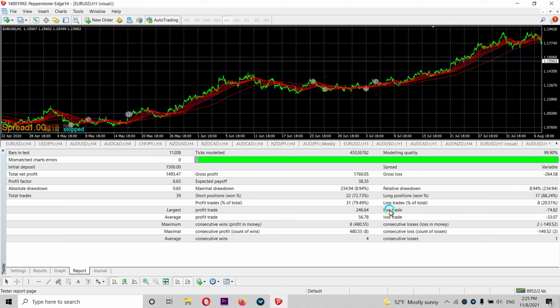The largest loss trade is not a huge one. It is actually quite small. The drawdown is just like 9%. That is completely good for my taste. Of course, you can adjust your lot sizes and safety stop loss if you want a lower or higher risk profile.